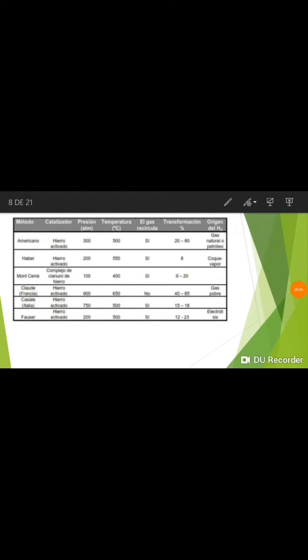Here we have a diagram of the method of obtaining ammonia with the catalyst, the pressure, the temperature, whether the gas is recycled, and the percent of transformation.